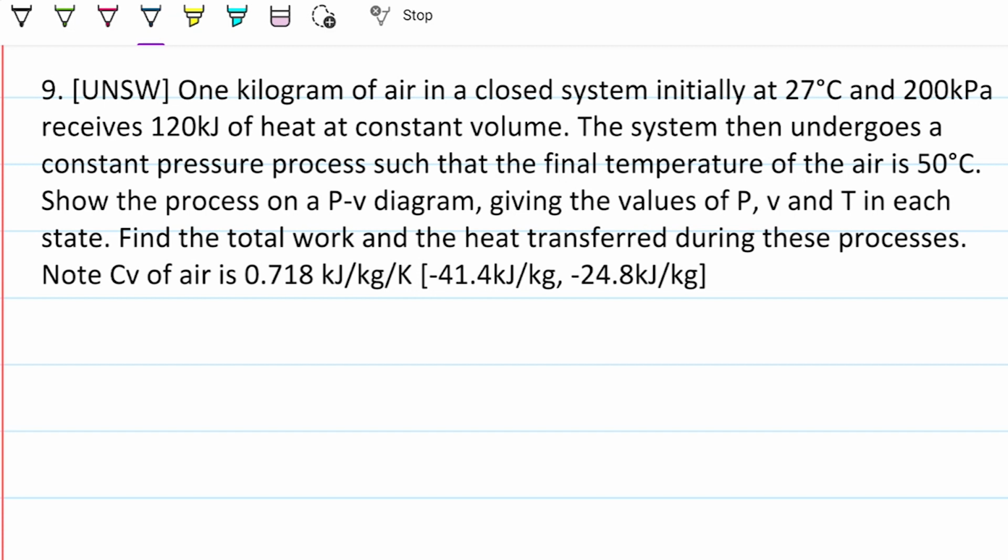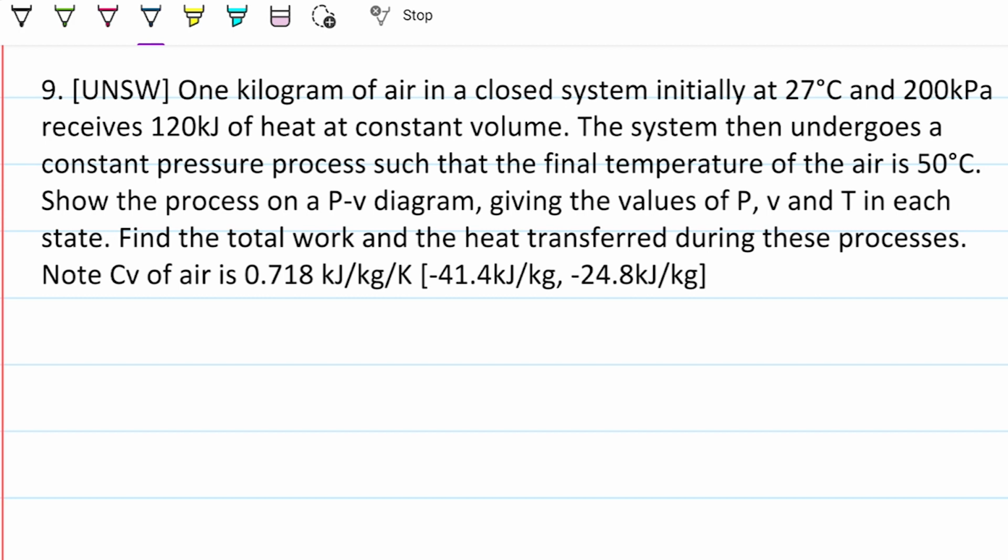Show the process on a PV diagram, giving the values of P, V, and T in each state. Find the total work and the heat transfer during these processes. Note that C sub V of air is 0.718 kilojoules per kilogram per Kelvin. And then we have some of the answers there.